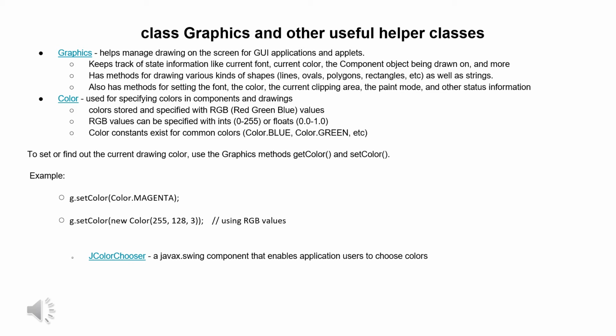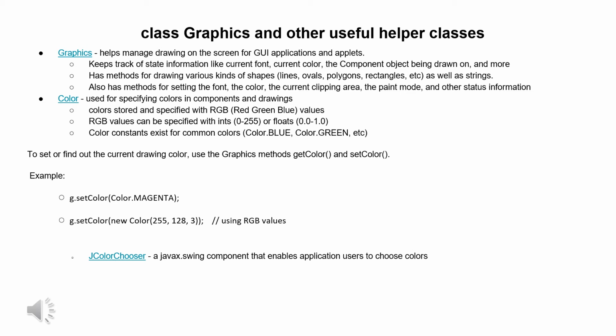You may know that. RGB values can be specified with integers or floats. Color constants also exist for common colors, like blue or green, so Color.blue or Color.green.